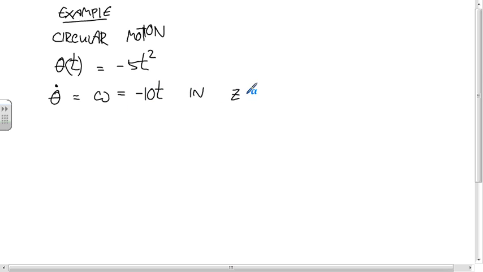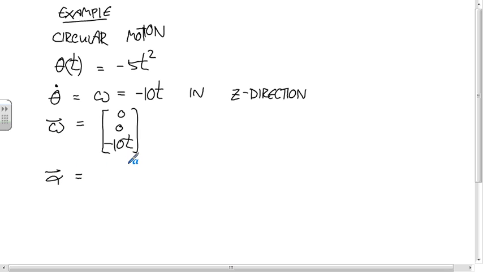So that's in the z direction in a planar motion. So we can think of our angular velocity vector as equal to 0, 0, negative 10t. What about our acceleration vector? To calculate the acceleration vector, we just have to take the time derivative of the angular velocity vector, and that's 0, 0, negative 10.